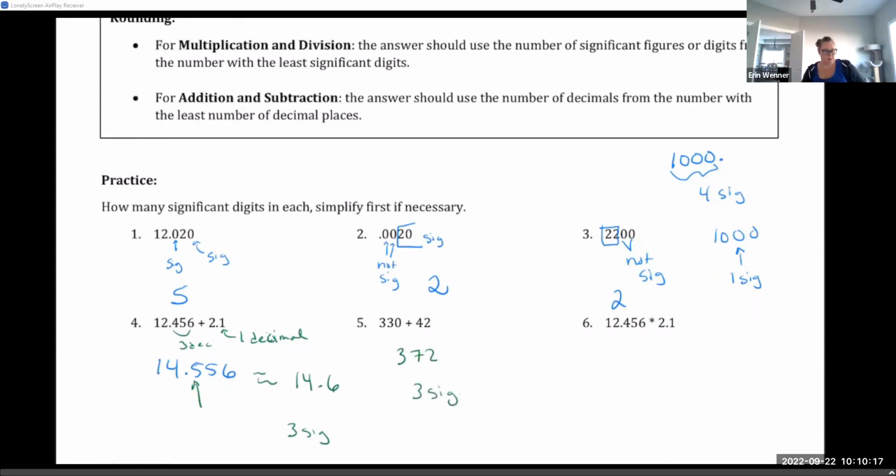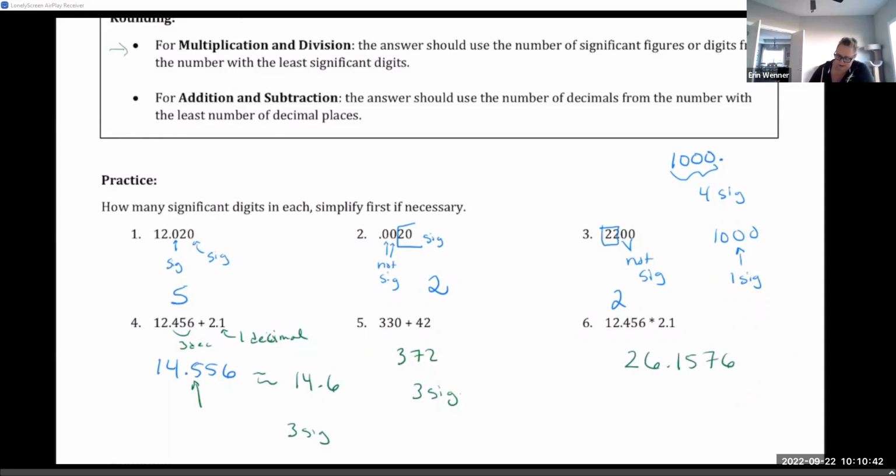Now, number 6, we're using multiplication. So we're going to do 12.456 times 2.1, giving us 26.1576. Now when we multiply, if we go up to our rules for multiplication, the answer should use the number of significant figures or digits from the number with the least significant digits.